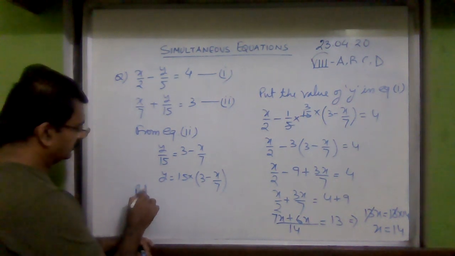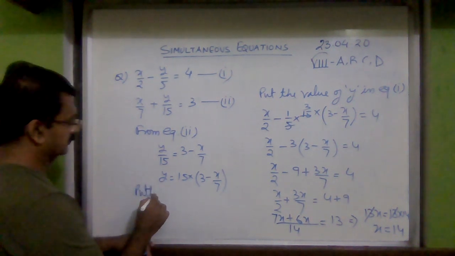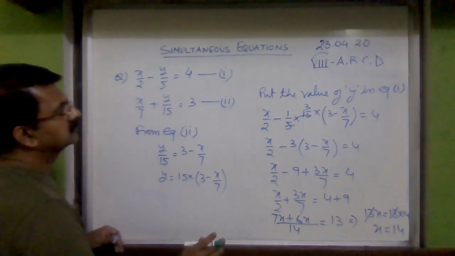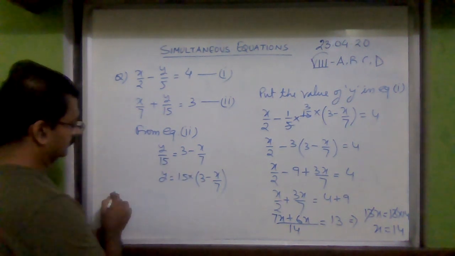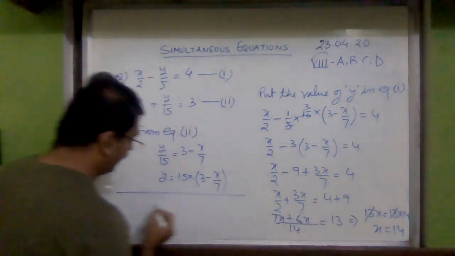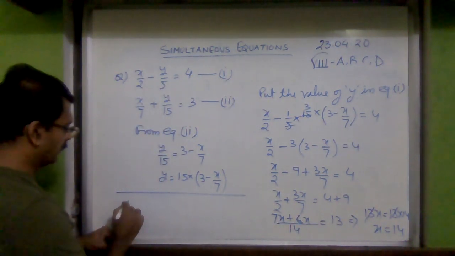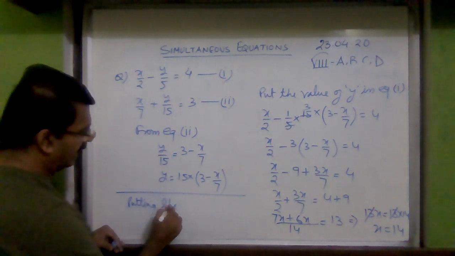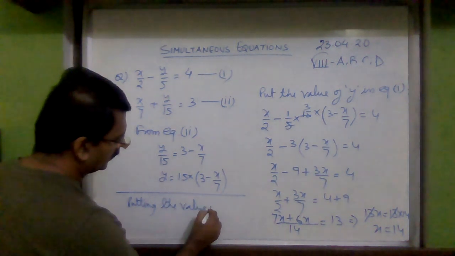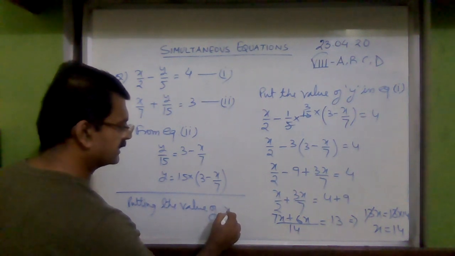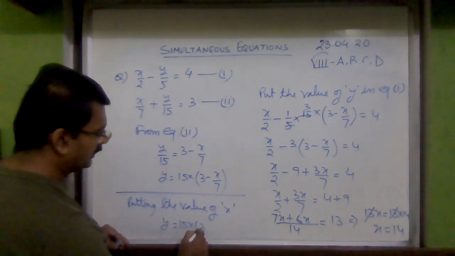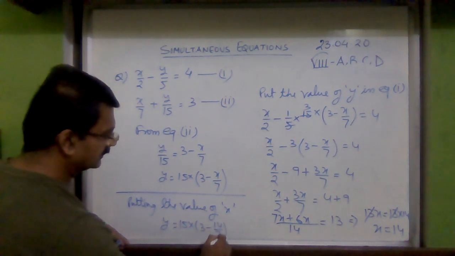Putting the value of x, y is equal to 15 into 3 minus 14 by 7.